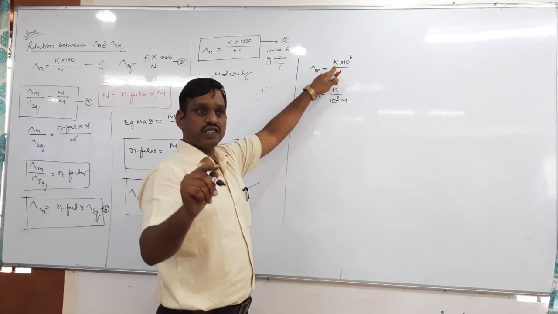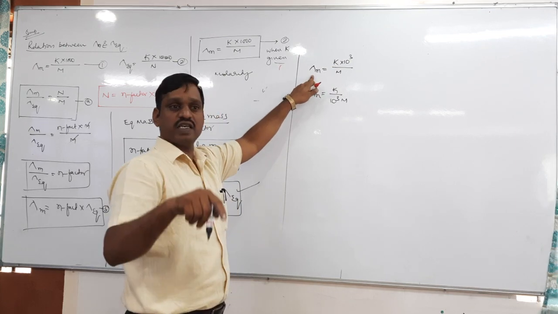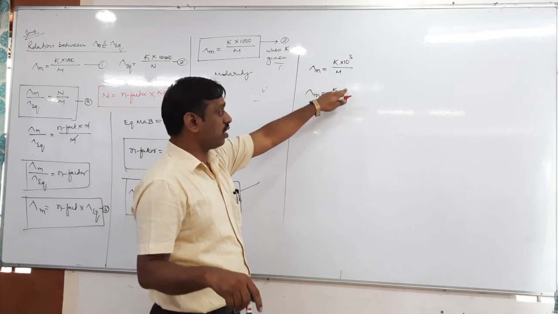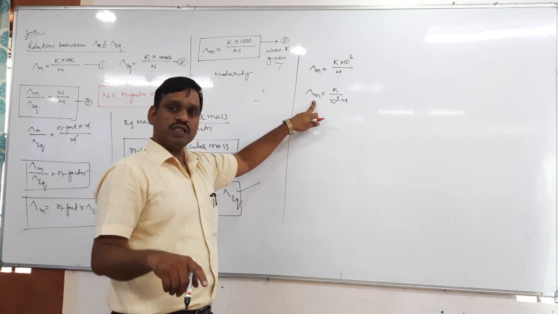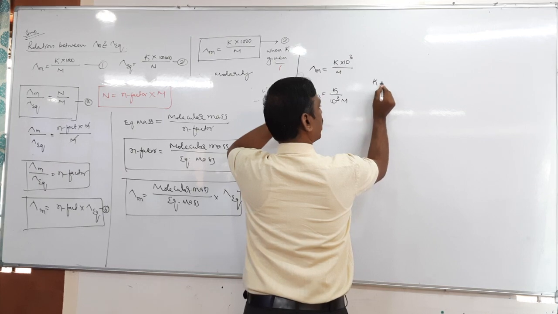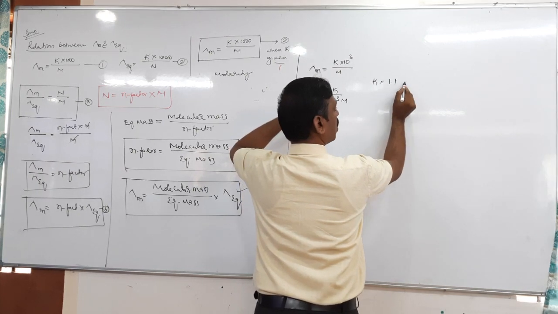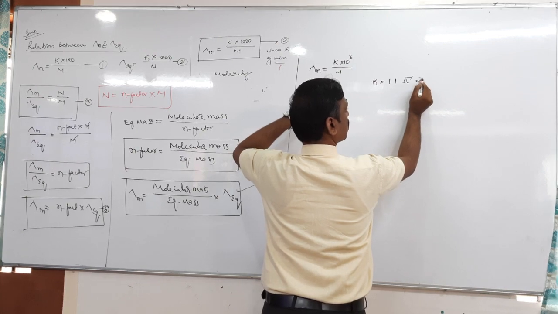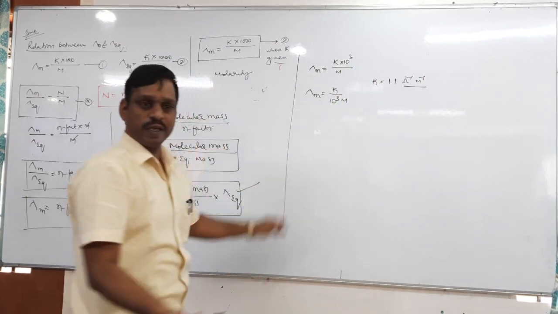When the K value is given in SI, you will get lambda m in SI. What is the K value given? K equal to 1.1 ohm inverse meter inverse, which is SI.